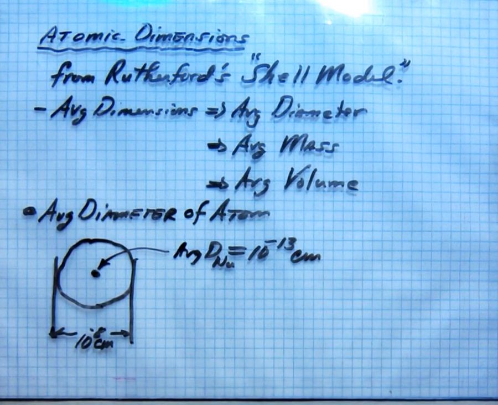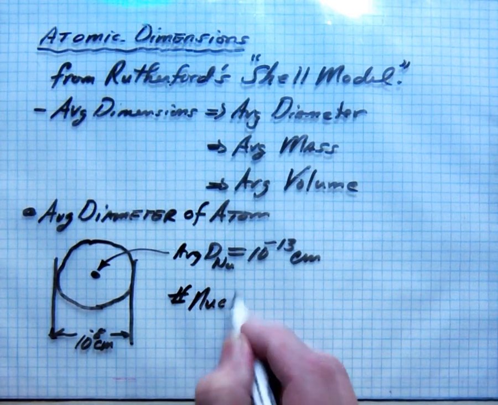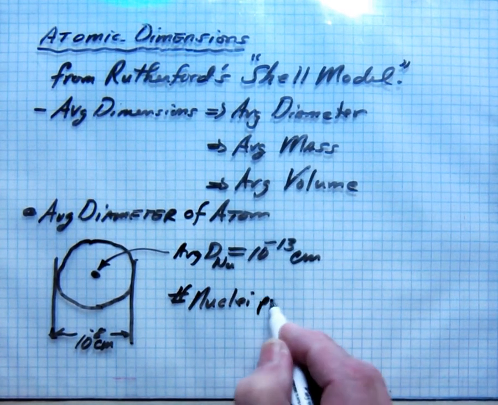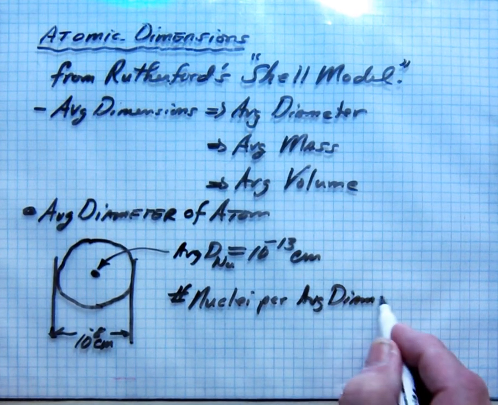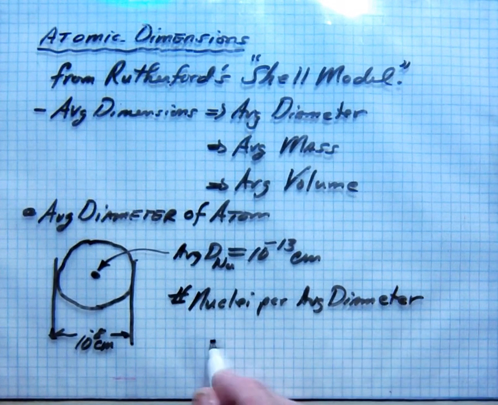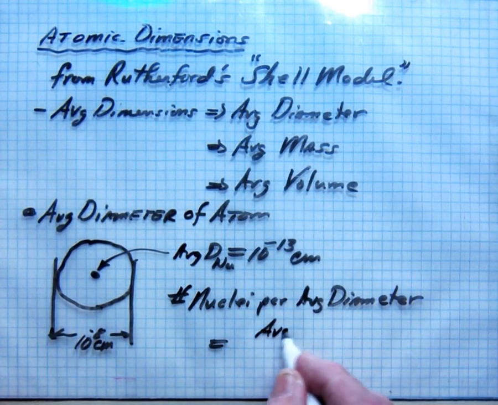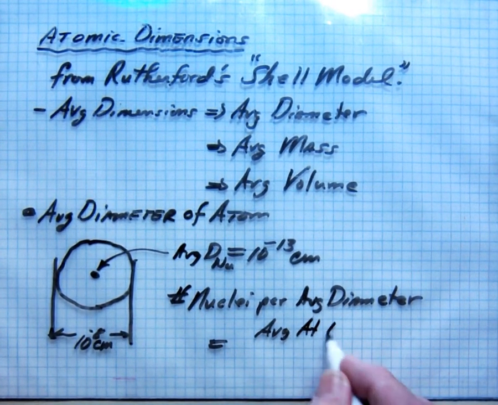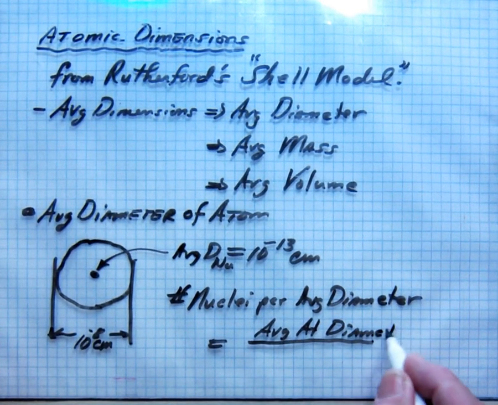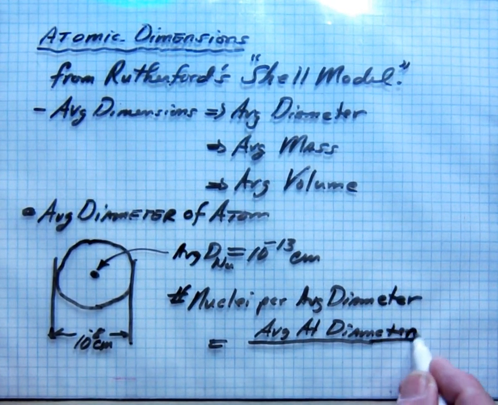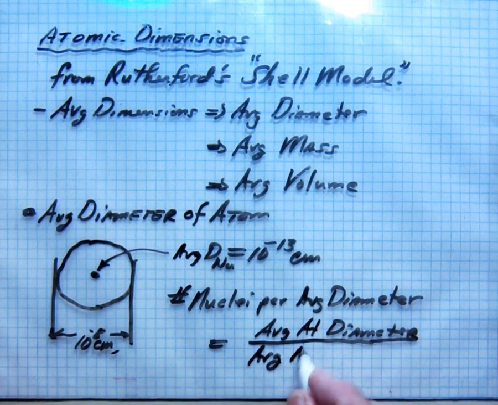Okay, very little. Now, the number of nuclei per average diameter equals the average atomic diameter divided by the average nuclear diameter.